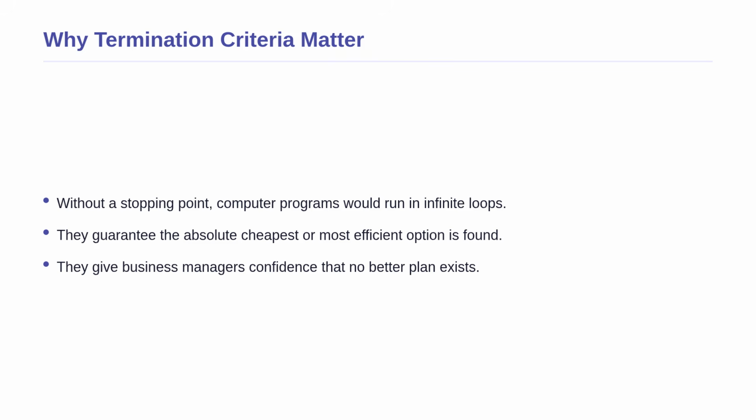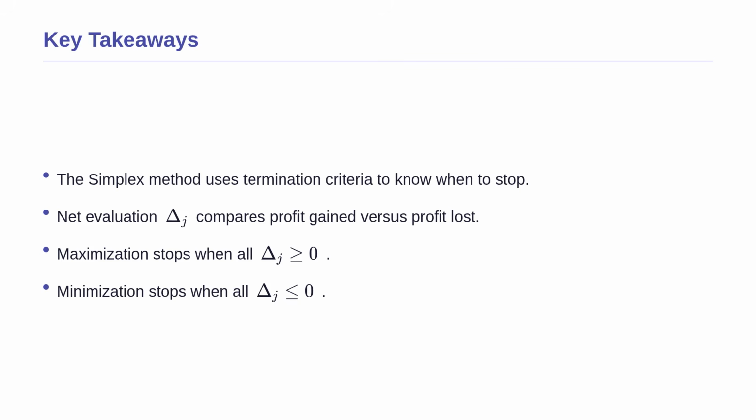In real-world logistics, such as an airline scheduling thousands of daily flights, the termination criteria guarantee that the schedule found is mathematically the absolute cheapest or most efficient option. It gives business managers absolute confidence that no better plan exists under their current constraints, preventing them from unknowingly losing millions of dollars.